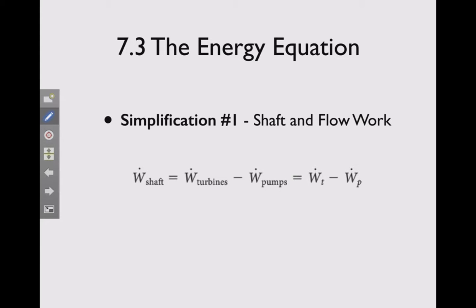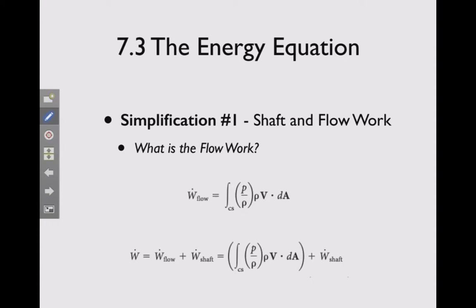So we just separate this out. The shaft work is going to be the rate of work done by the turbine minus the rate of work done by the pumps. Notice the sign conventions. This will all wash out when we write the final equation. What is flow work? It is defined as the work that's done by the pressure forces.